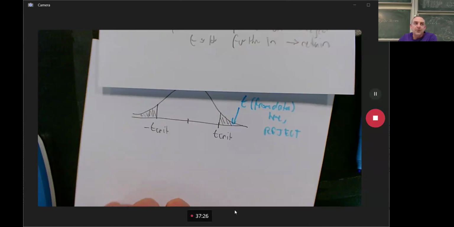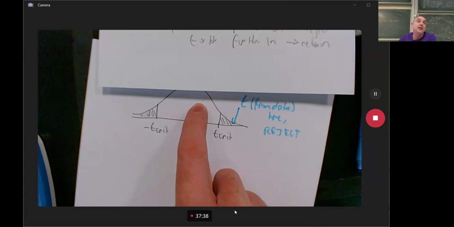This t critical is also the number you use to figure out a confidence interval. If you wanted a 95% confidence interval, you would use this number as well because it has exactly 95% in the middle.